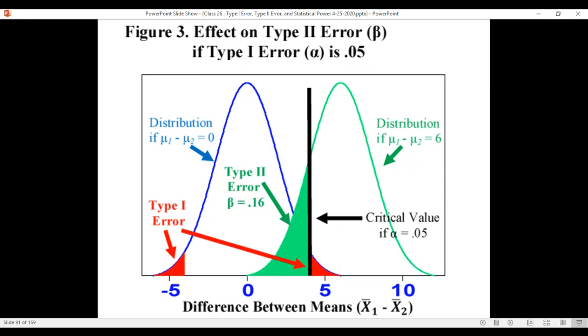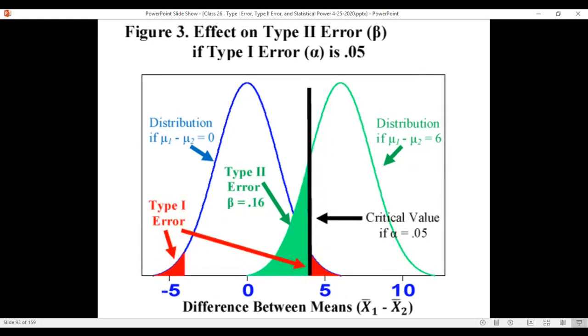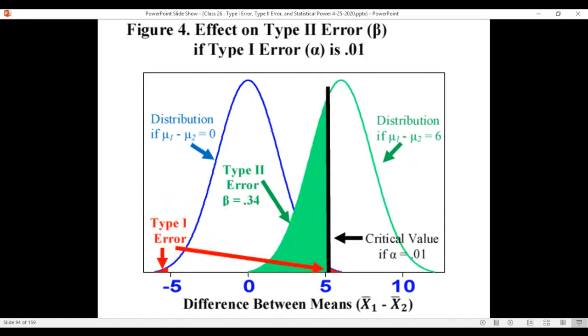Now, I want you to keep your eye on the critical region, which is red. Watch what happens if the researcher decides to set alpha to 0.01. Aha! We saw this earlier. I'll do it one more time. Watch the red region. Alpha equals 0.05, alpha equals 0.01.